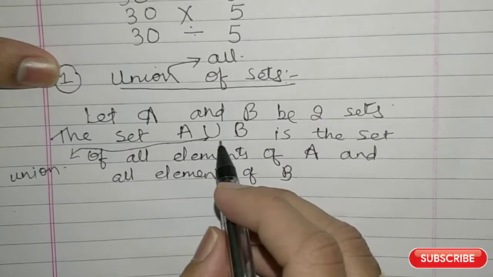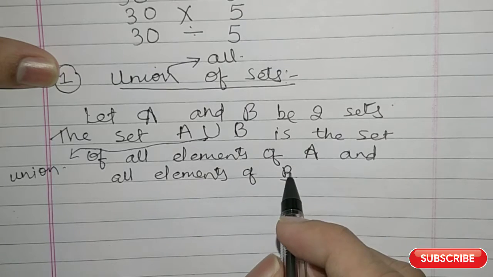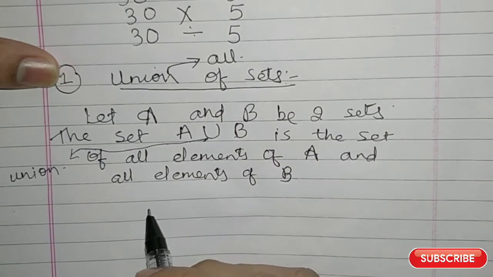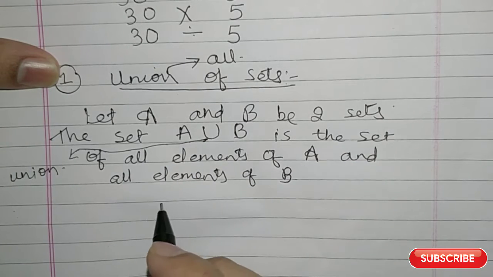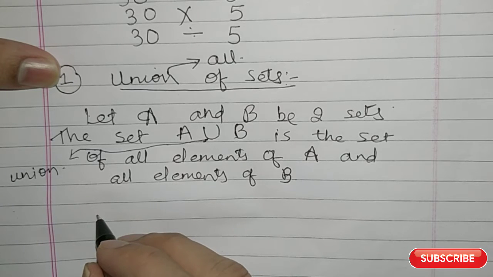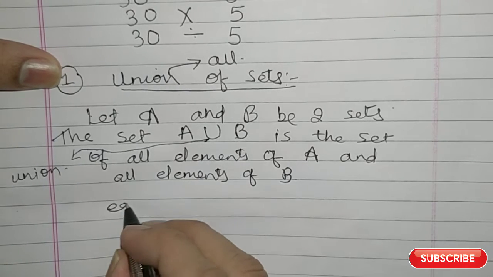So the set A union B is the set of all elements of A and all elements of B. So union you can remember it as all. Now it is denoted by this.